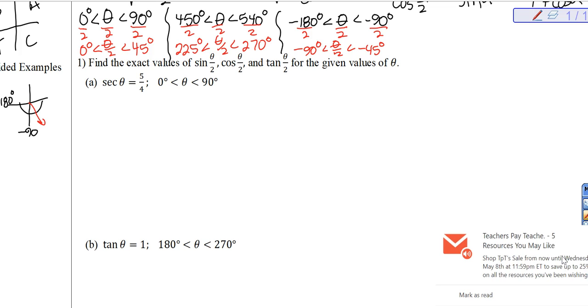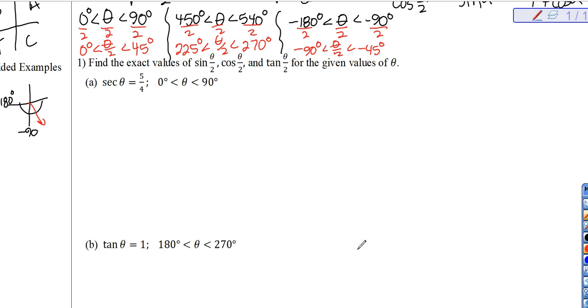So here we have secant of theta is equal to 5/4, and theta is in quadrant 1. So first we're going to cut theta in half to figure out where the half angle is. So we know that theta over 2 is also in quadrant 1.